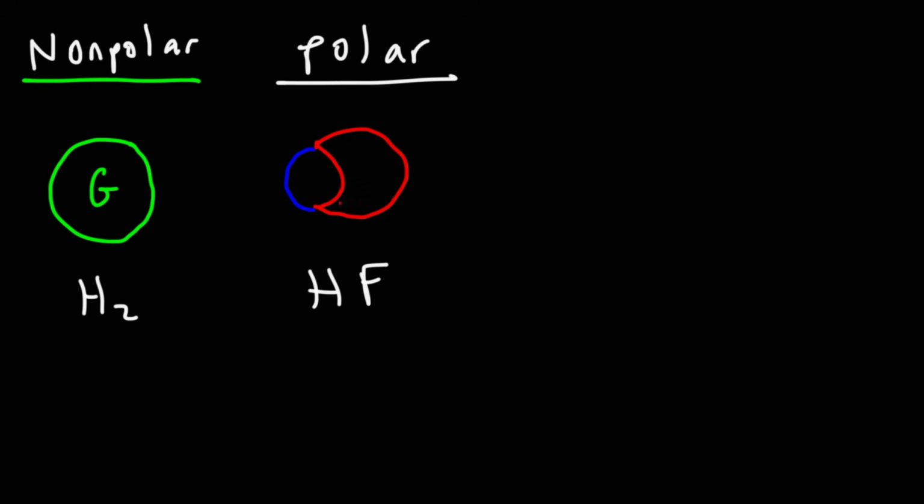Now, of course, there was some yellow and green in between, but for the most part, if you see one side red and the other side blue, that's an indication that you're dealing with a polar molecule. One side is partially positive. In this case, that's the hydrogen side. And the other side is partially negative.